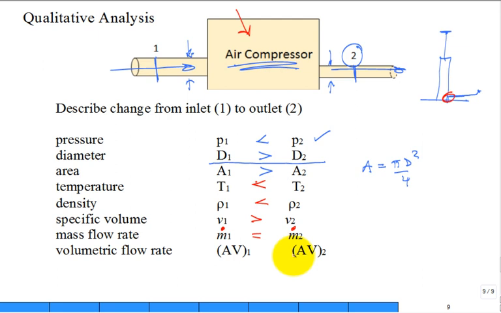How about the volumetric flow rate? The areas are slightly different, true. We didn't talk about the speeds, the V's. We could do the speeds next. But well, let's do the volumetric flow rate. Which way is it? Are they the same? Well, we go back to this truthful statement that the mass flow rate in is equal to the mass flow rate exit. And we know the mass flow rate is related to the volumetric flow rate, AV inlet, times what?